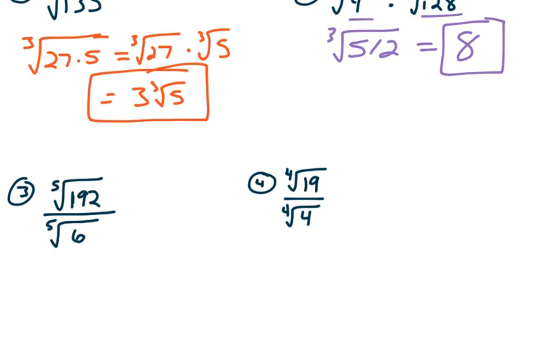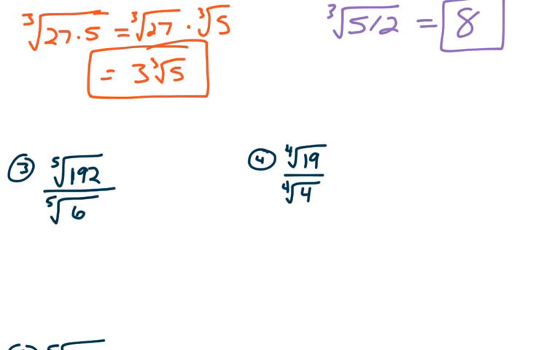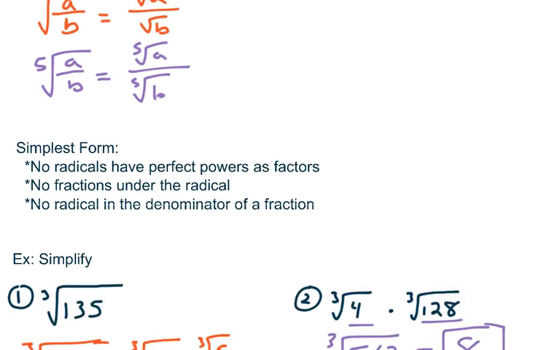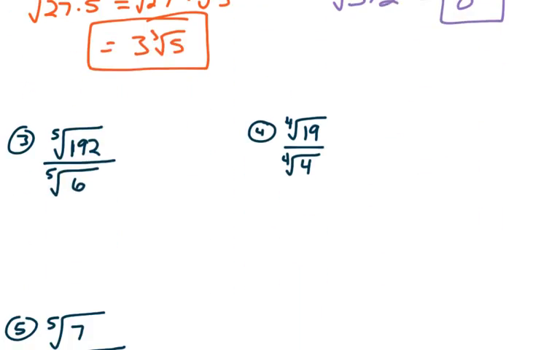Number 3, fifth root of 192 over the fifth root of 6. Again, this is one where maybe it's more beneficial to combine our roots because we've already split this into a fraction and they have the same root. What we're going to do is combine them into one root with one fraction. I'm going to do this in green here.